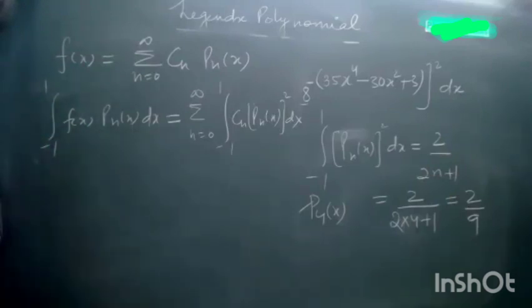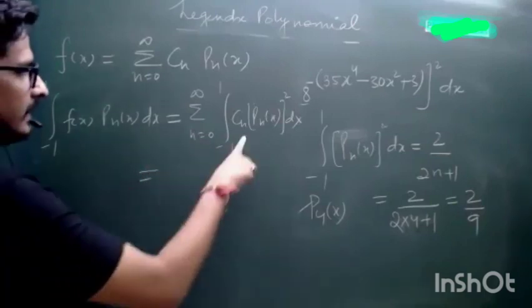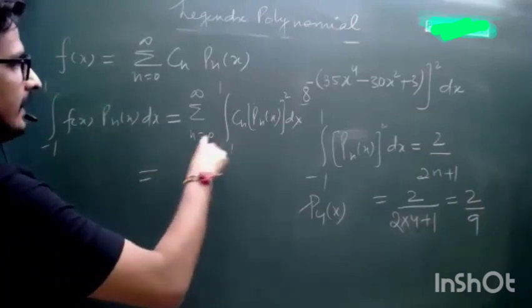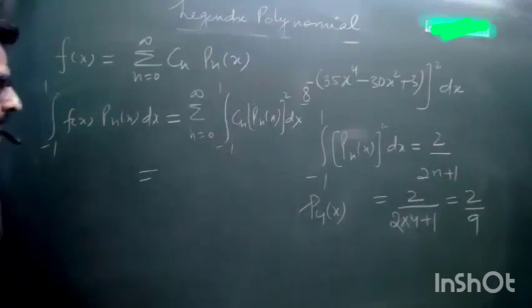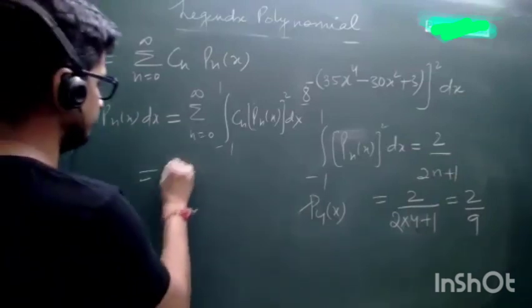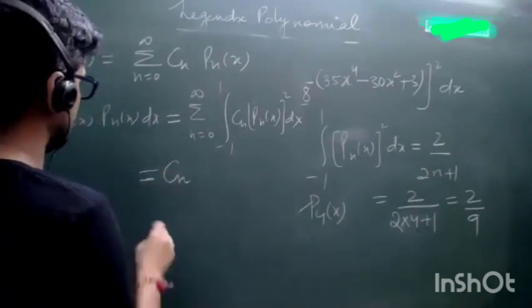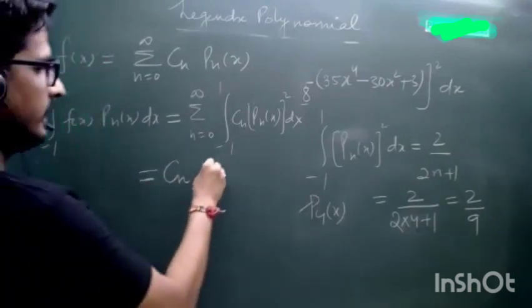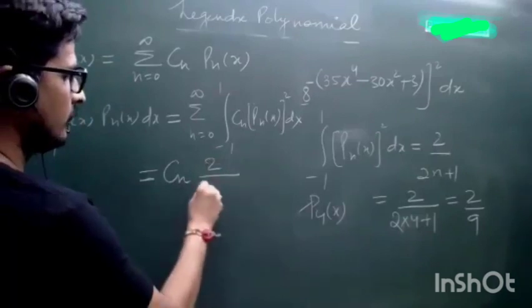Correct? Yes. And you see this Cn, if you take the different values of this, what you will get? What is the value of P_n square? So it will become Cn, and P_n square is 2 by 2n plus 1.